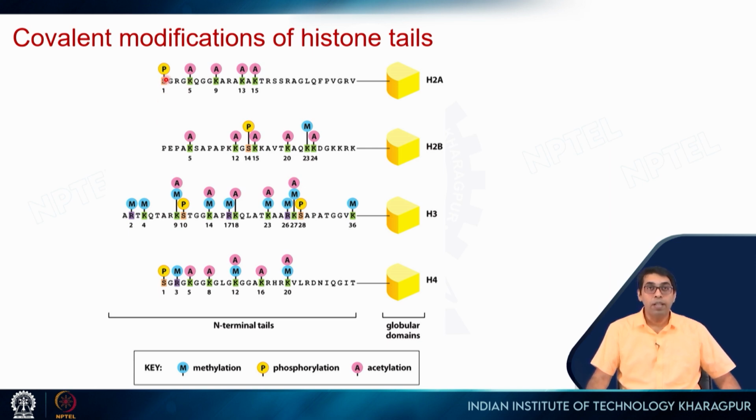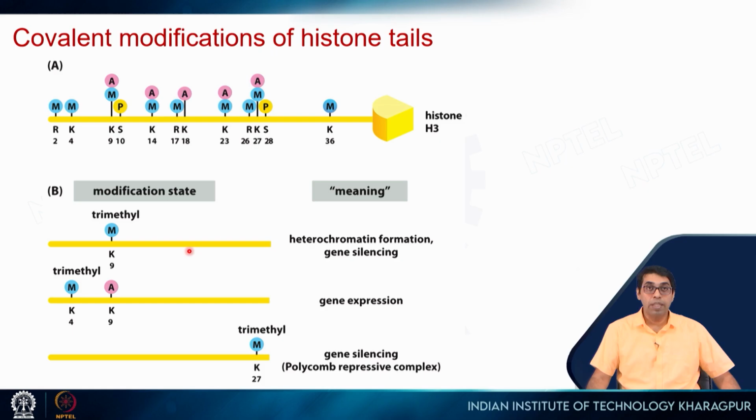And it turns out that a combination of this acetylation and methylation indicates certain signals to the cell. So, one such example is shown here. What is the meaning of this?